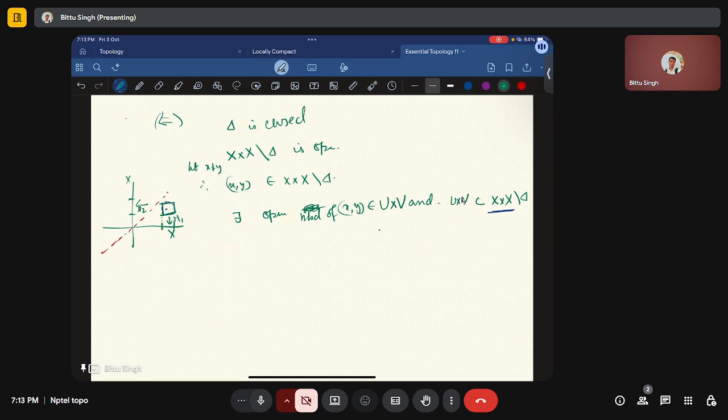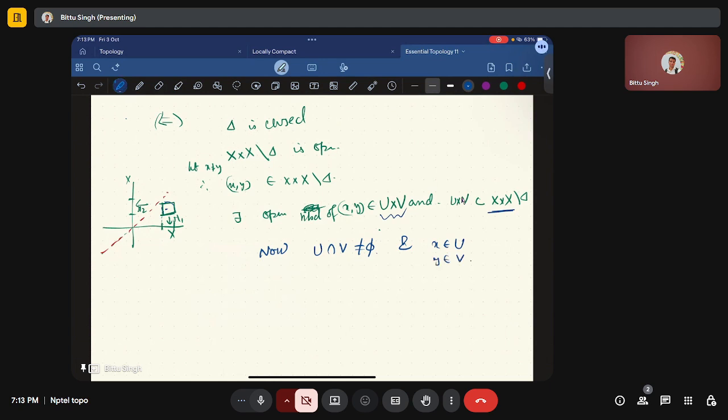Okay. Now x belongs to U, and y also belongs to V, by definition of Cartesian product.